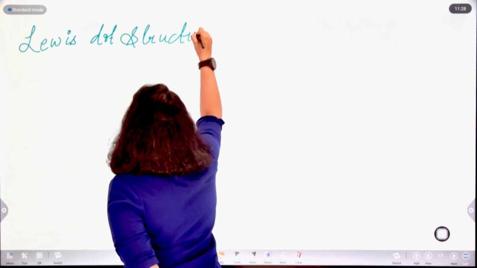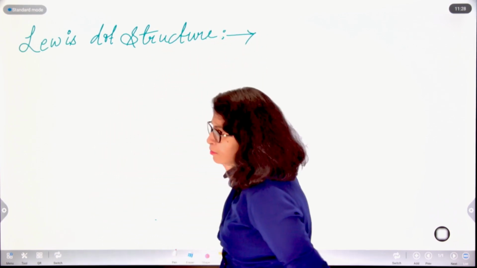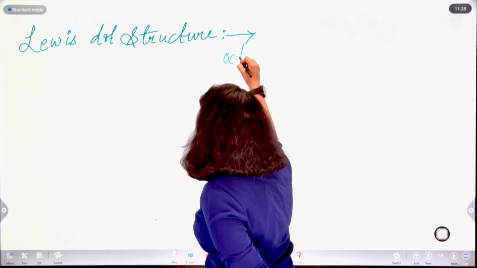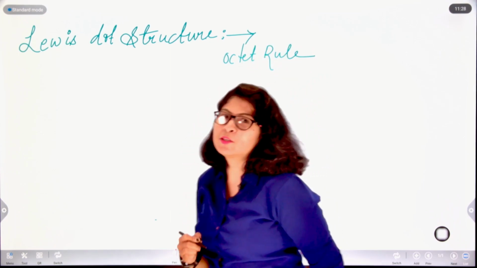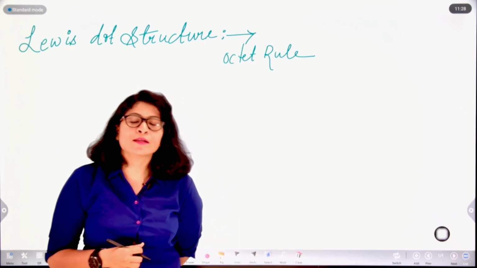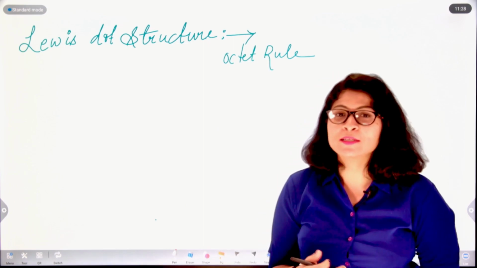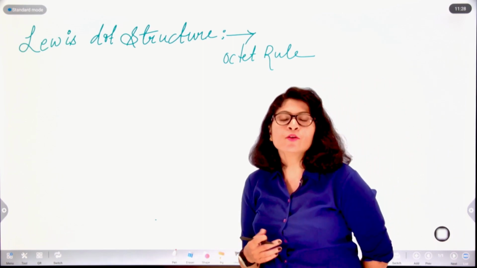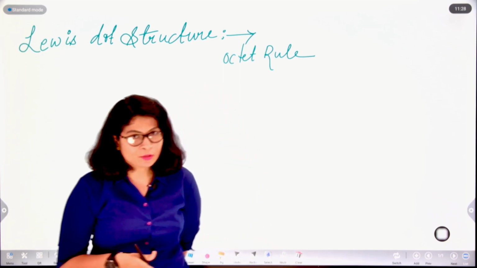Lewis dot structure is based on the octet rule. What is the octet rule? The atom has to have 8 electrons in its outermost shell, and in order to be stable, it has to acquire that many electrons.